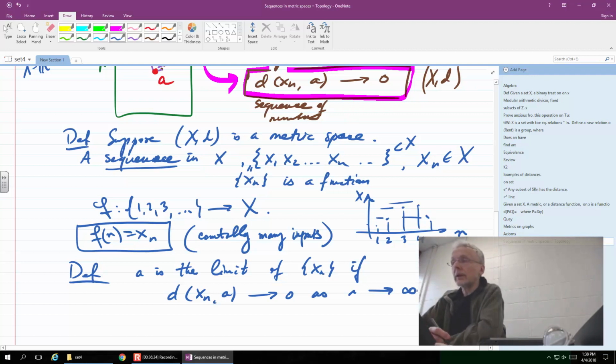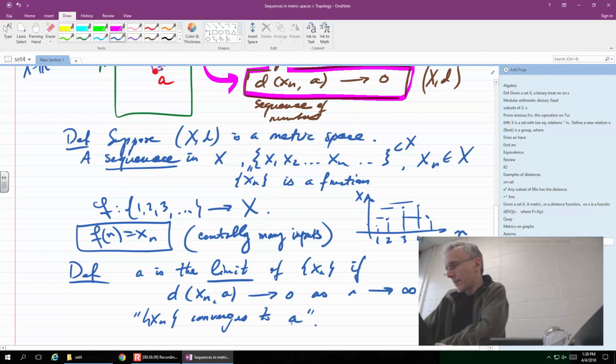So this is still in a metric space. That is the limit, and we also say xn converges to A. That's the language that we use.